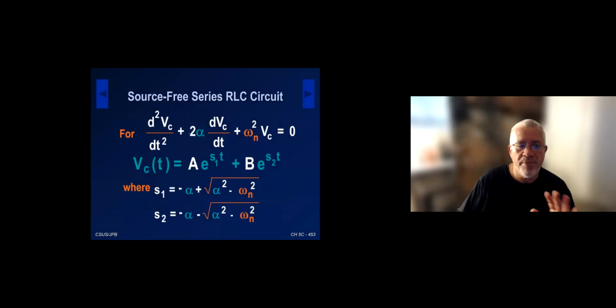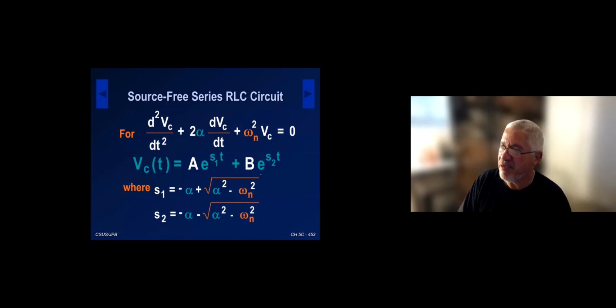All right, so there are the 3 cases here. They have to do with the value of alpha and omega n. Depending on whether what's under the radical is positive, negative, or 0, these are the 3 cases we're going to be dealing with. First, if it's positive, we have the square root of a positive number.